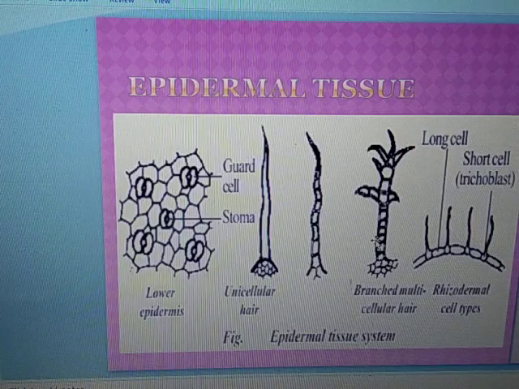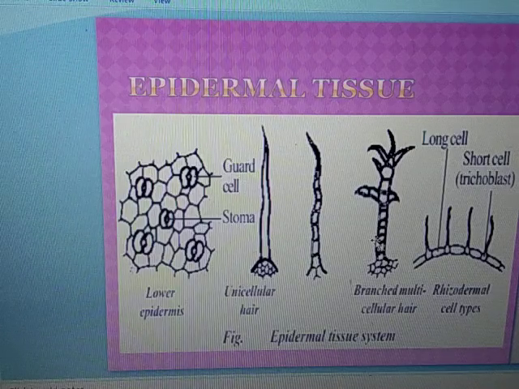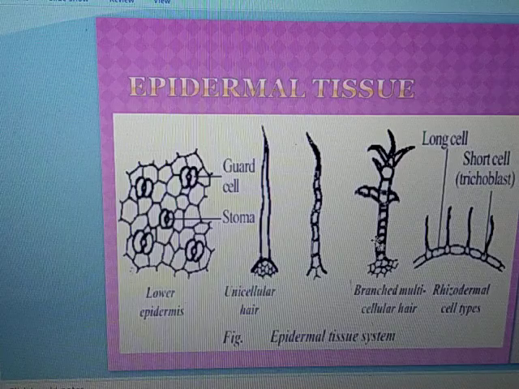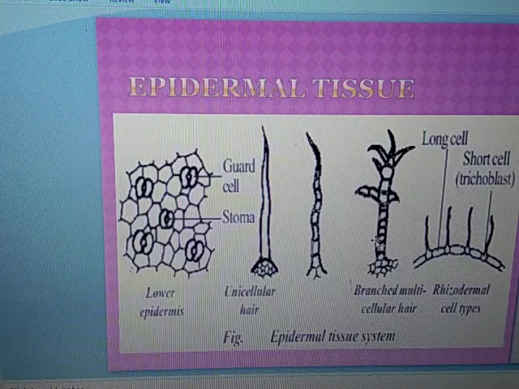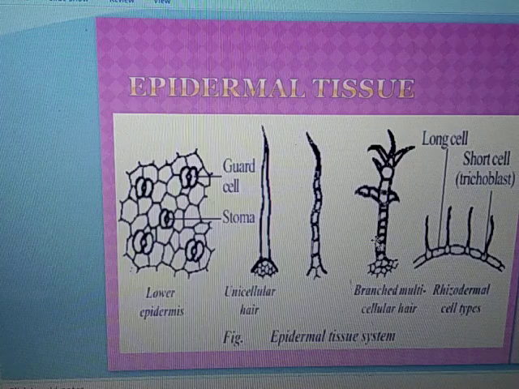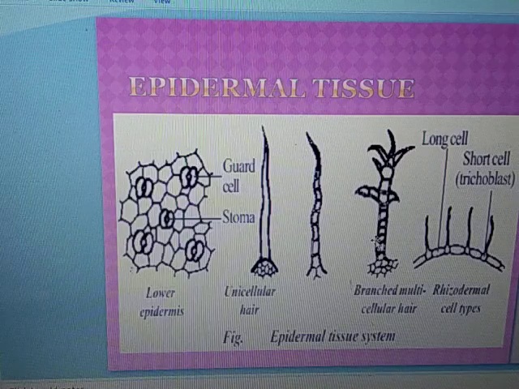Now, the epidermis in the root is called epiblema. If we talk about the root of the plant, the epidermis of the root is called epiblema. It is made up of a single layer of cells.